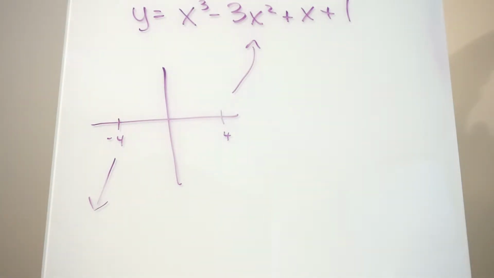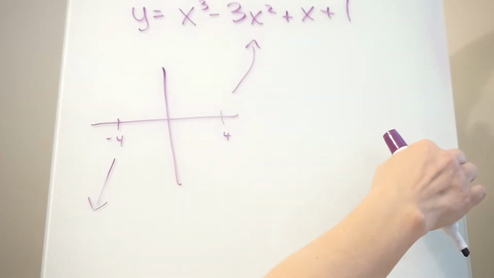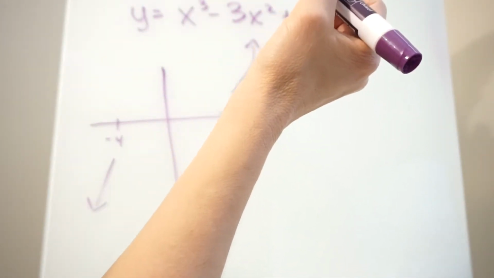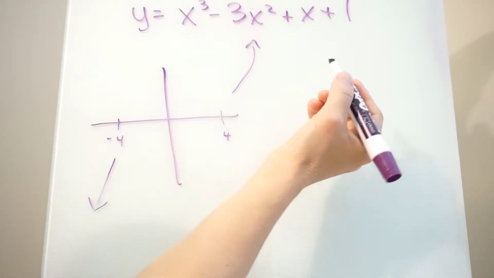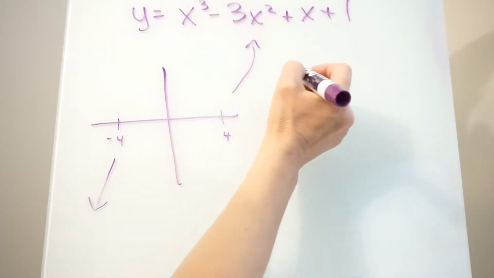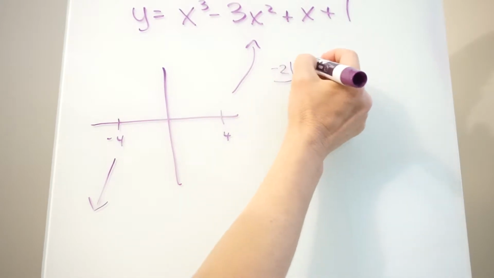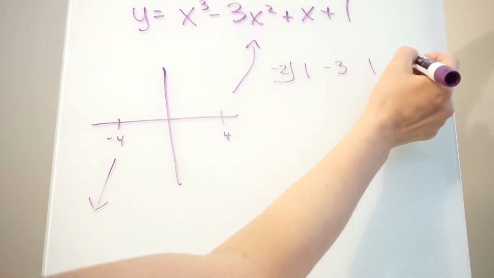Since we know that, now we can use synthetic division to find some points in there. Remember, when you use synthetic division, the remainder tells you what the y point would be. They picked some points here: negative 2, negative 1, 1. We'll start with negative 2. The coefficients are 1, negative 3, 1, and 1.